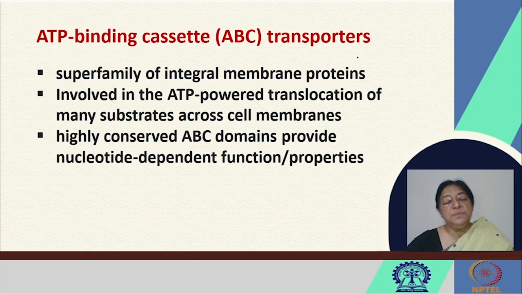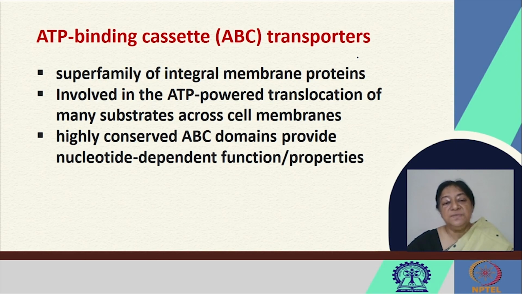The specific types of proteins known as ATP binding cassette transporters are a superfamily of integral membrane proteins that are involved in the ATP powered translocation of many substances across the cell membranes.